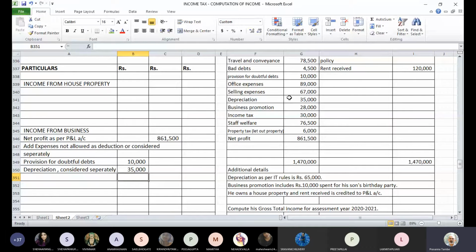Okay, so if you have spent 10,000 for son's birthday party, and if that amount is included in business promotion, by no chance one can get that deduction in computing the income from business or profession. So we are going to add back this 10,000 because it is treated as a personal expenditure of the assessee. Okay, so we'll add here personal expenditure.